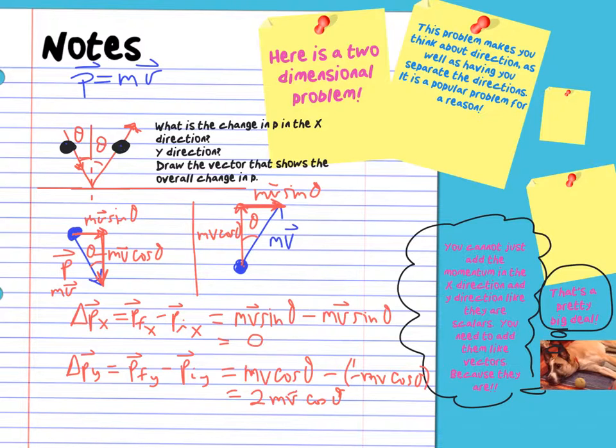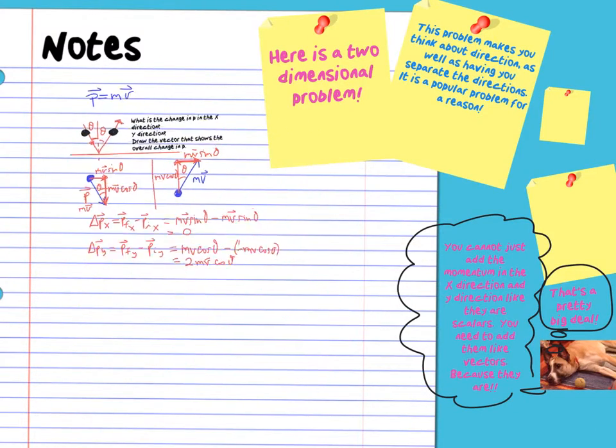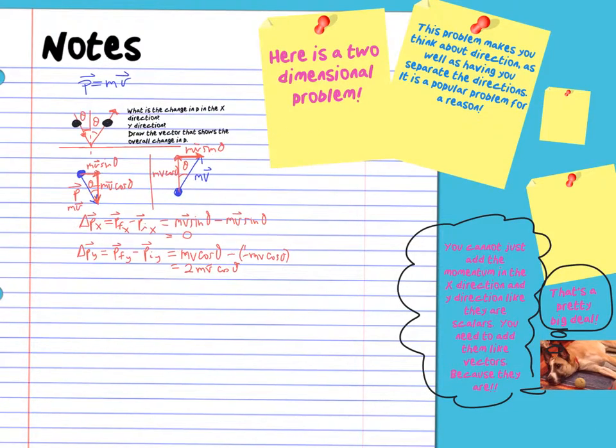Now, if we want to draw the vector that shows the overall change in momentum, well, let's do that. First, we need a little room, so I'm going to squish this down. All right. Now we got some room. Let's make it blue. The last thing we're asked to do is draw the vector that shows the overall change in momentum.